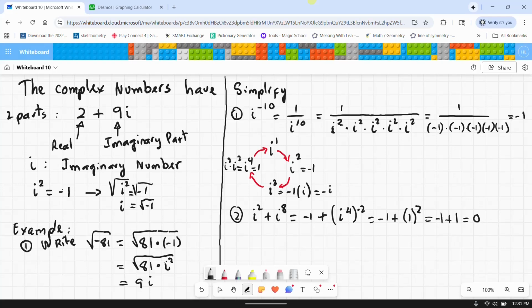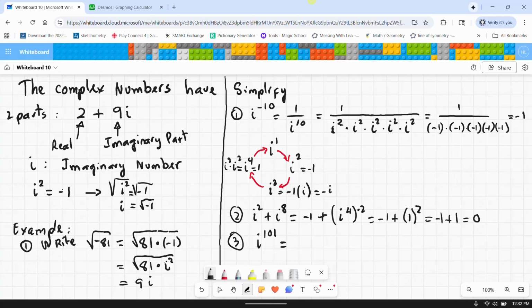Now let's do something with a very, very big degree. So i to the 101. If any i exponent has a degree bigger than 4, you want to split the exponent into i to the 4 powers times something.